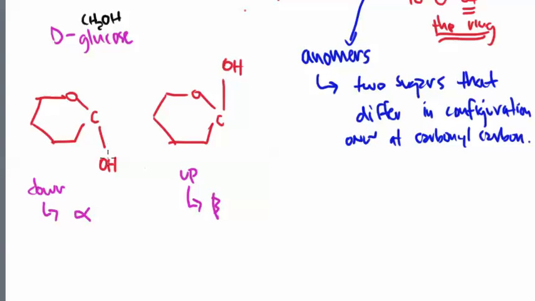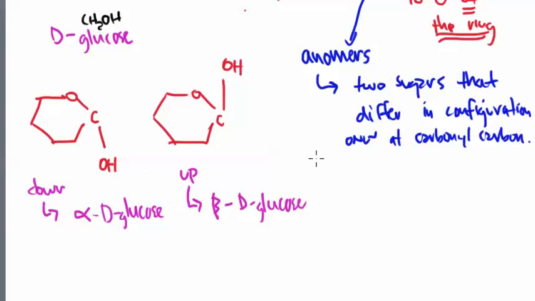If the OH points down, we would call this alpha D glucose, and if the OH group points up, we would call this beta D glucose. Okay, so very important that you know what alpha and beta mean.